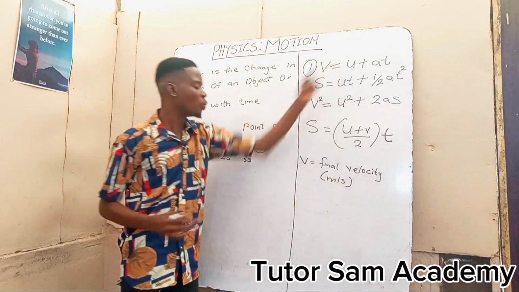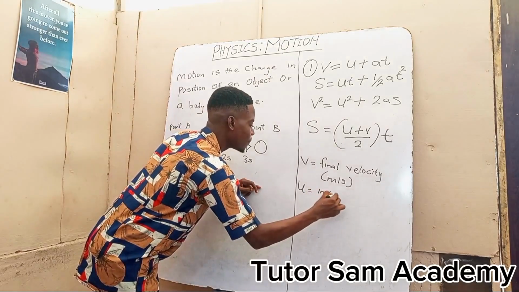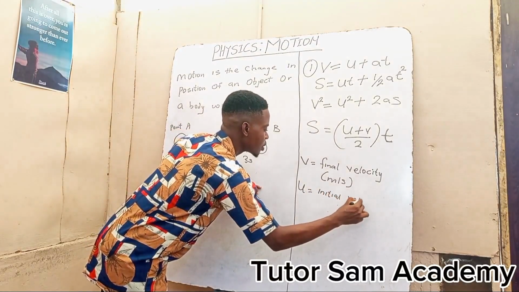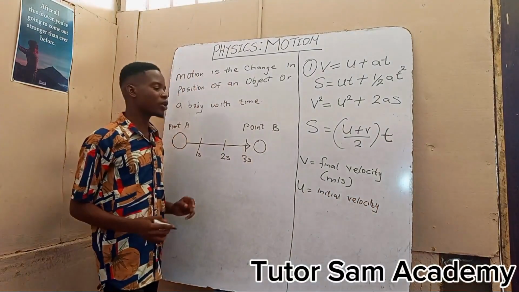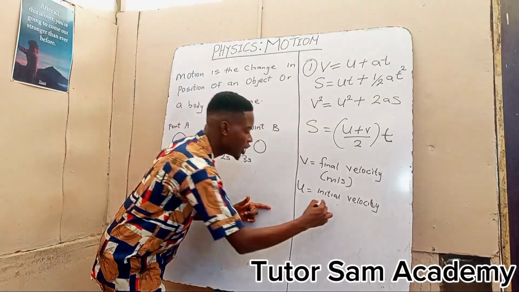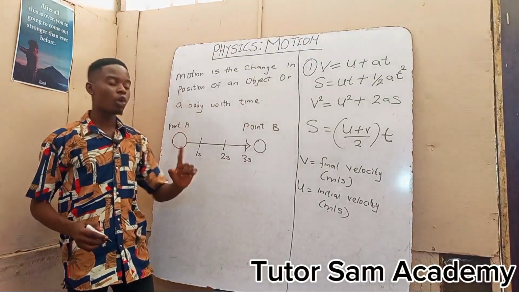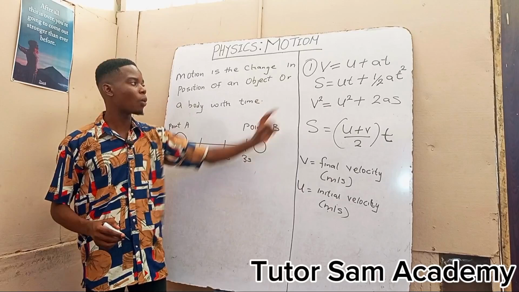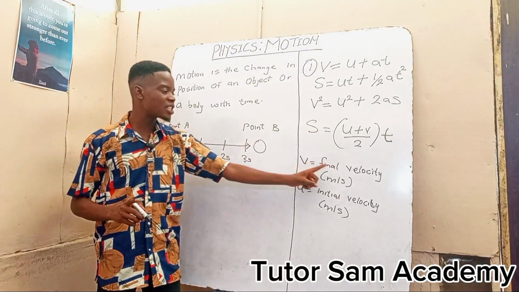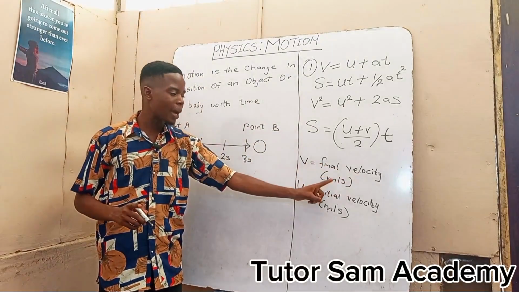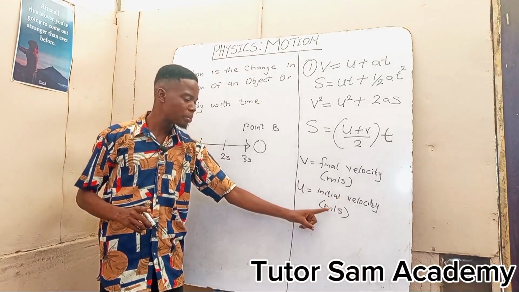We have U. U represents our initial velocity. The unit of initial velocity is also meter per second. Let's take note of all these parameters carefully so that we know how to apply these equations. V is final velocity, the unit is meter per second. U is initial velocity, the unit is meter per second.